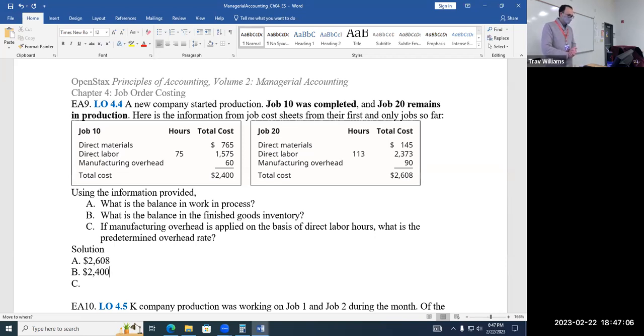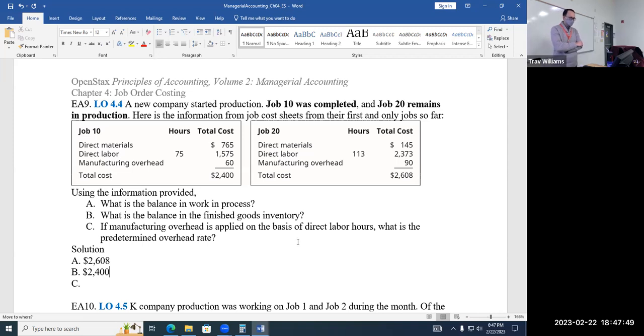Now, if manufacturing overhead is applied on the basis of direct labor hours, that was one of the 3 options, right? So if this company is using direct labor hours to apply overhead, then what is their predetermined overhead rate? How could we figure that out? The number of hours divided by the total cost.